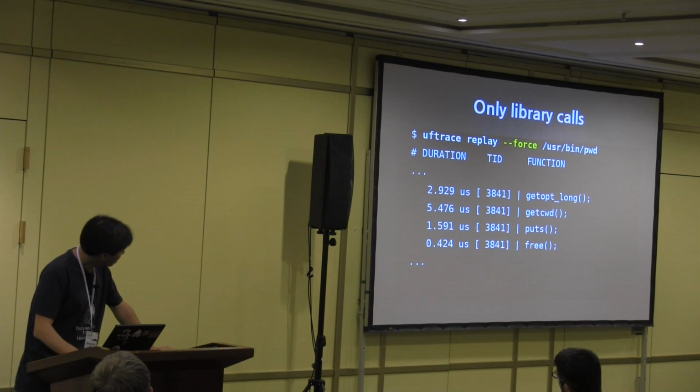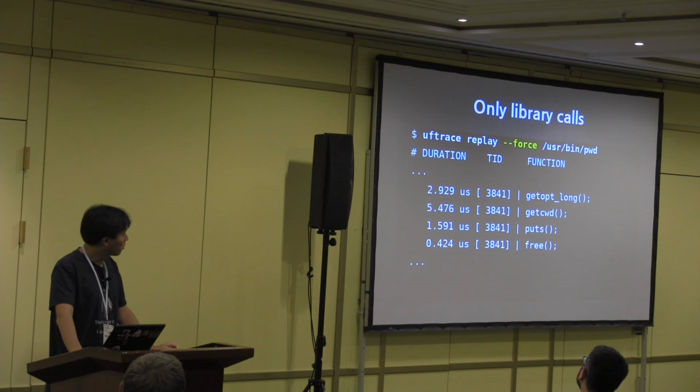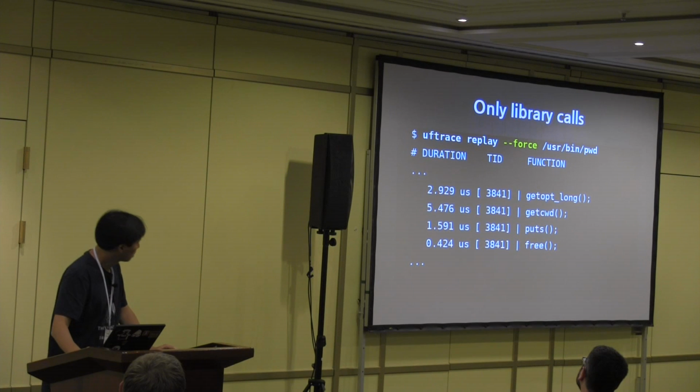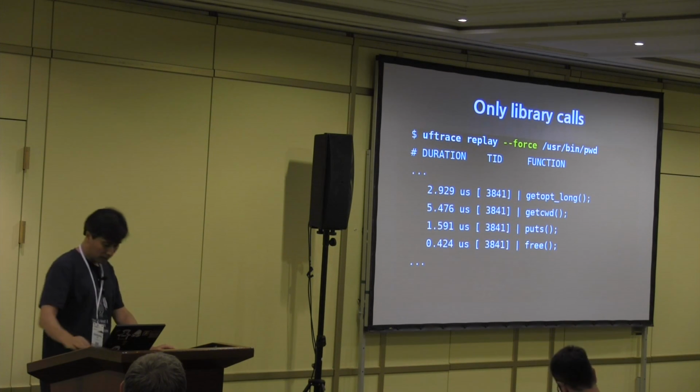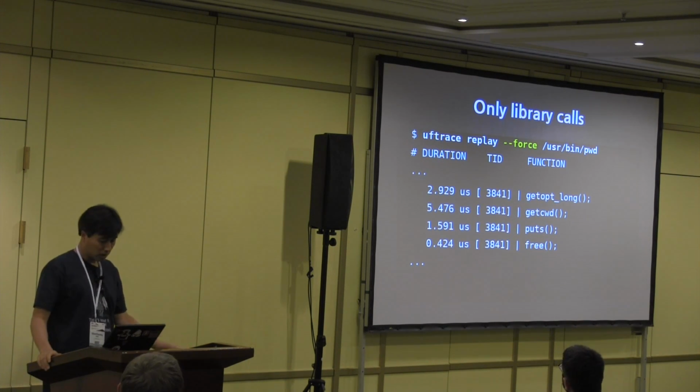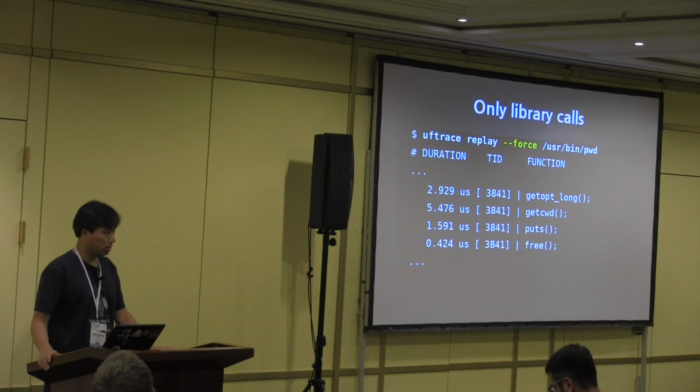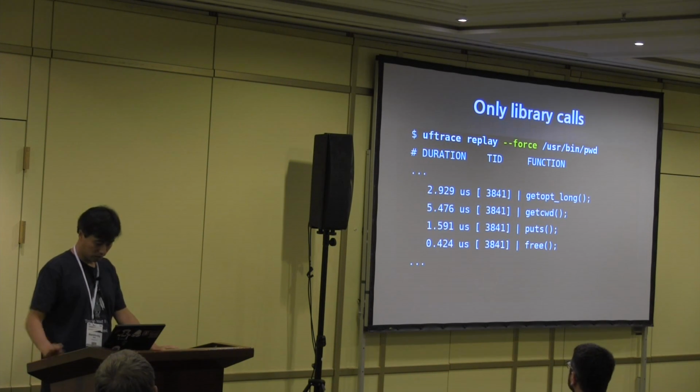So this example traces the pwd program, which I'm recording. And then you can see it calls the getcwd system call and puts to print the result and print the buffer.